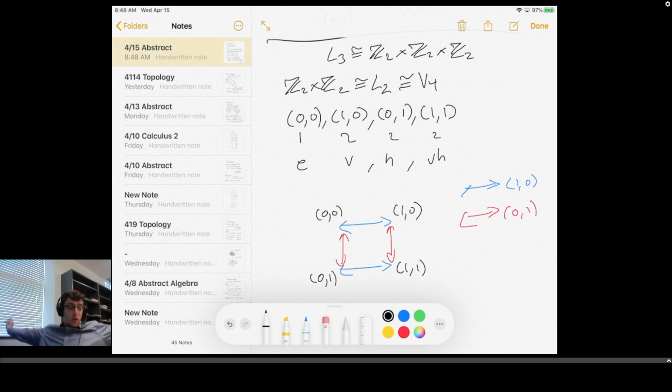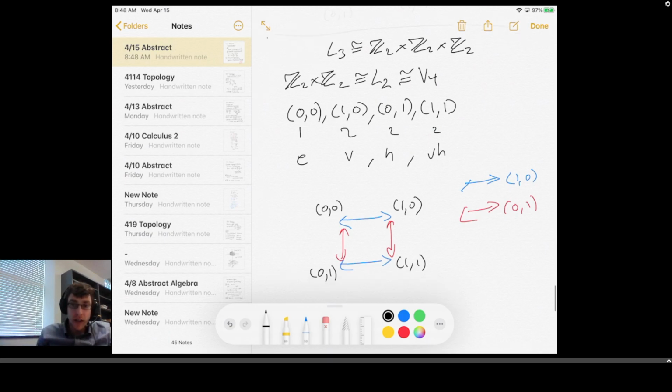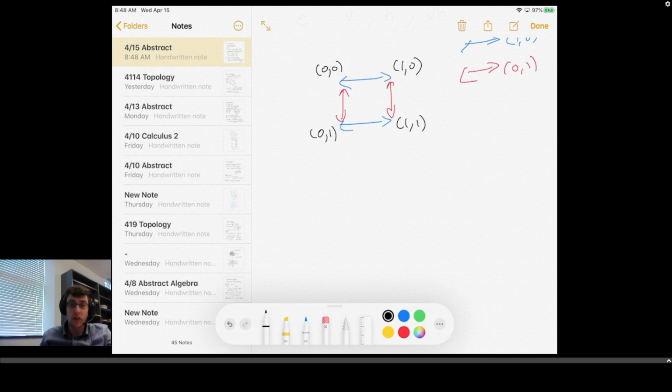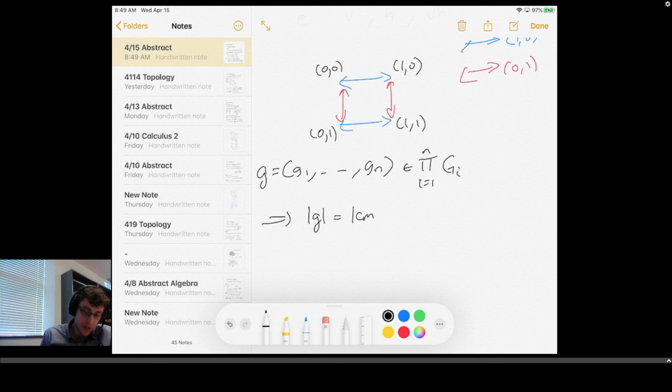Okay. So the last thing I want to talk about here, I think the Cayley graphs can be somewhat helpful, just getting used to this, but the thing we've been hinting at for a little bit now is that if you have an element, I'm just going to call it G, in the product of the GIs, then the order of G is equal to the LCM of the orders of all of these pieces in its coordinates.